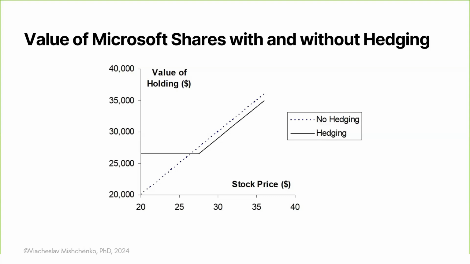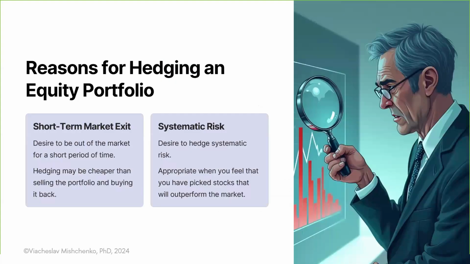But in practice, I would say that the choice between hedged and unhedged positions depends on the investor's risk tolerance and market outlook. Okay, let's go on with the reasons for hedging an equity portfolio. Usually, there might be two main reasons why investors might choose to hedge an entire equity portfolio.